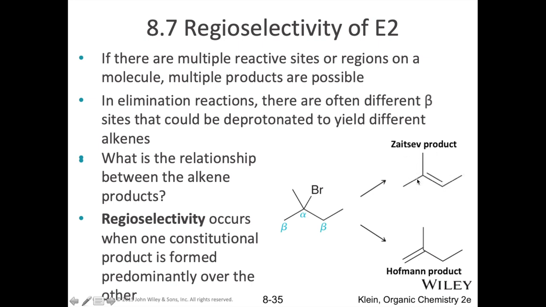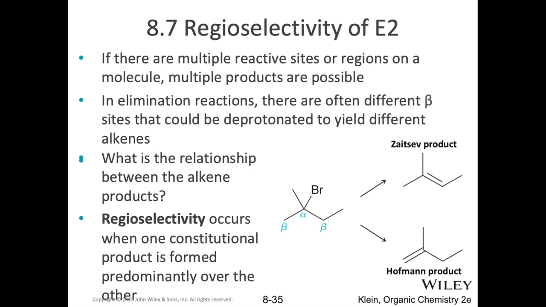So if we were going to compare the thermodynamic feasibility of each of these two products, the Zaitsev product would be the thermodynamic product, right? It's the more stable of the two. Okay, so I think the Zaitsev product, all things being equal, would be more favored, assuming that your transition state doesn't favor the Hofmann product. So that tells you that the transition state for a Hofmann product probably gets encouraged because the competing Zaitsev product for it would have too high a transition state.